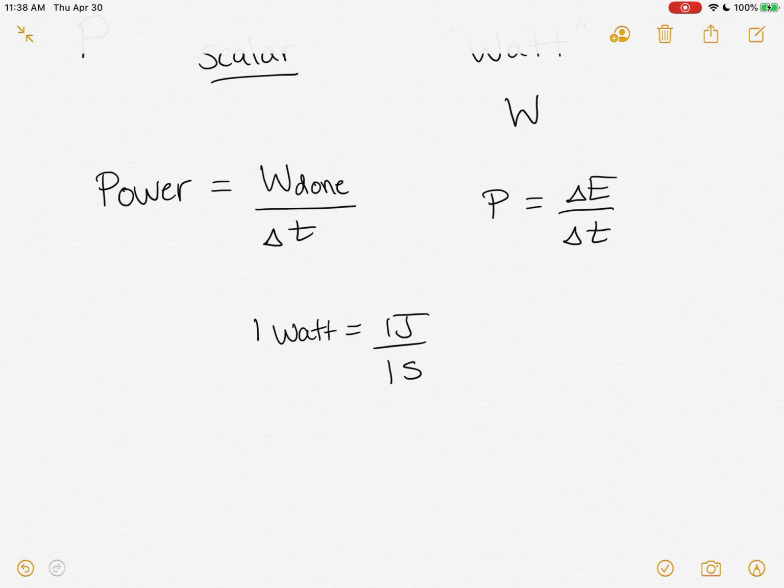All right. When we're dealing with power, we very rarely deal with small units of power. We actually deal with a lot of large units. And so I just want to do a little reminder here of our large scales of units. When we have something that is times 10 to the 3, that is a kilo.